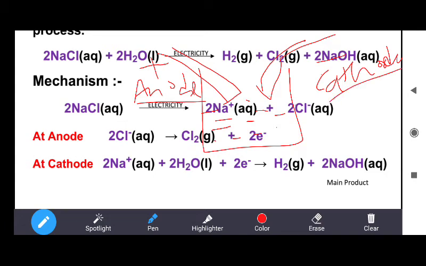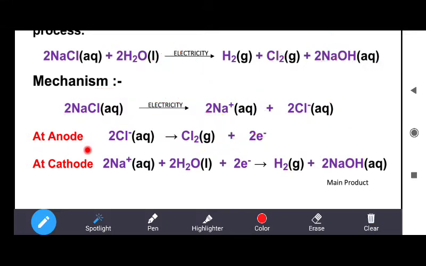When electricity is conducted through this solution, the sodium chloride molecule dissociates into its corresponding ions to form Na+ ions and Cl- ions. As chlorine has a negative charge, the chloride ions migrate towards the positive electrode, the anode.